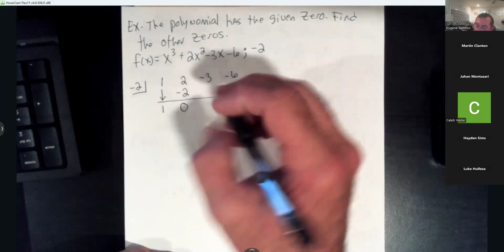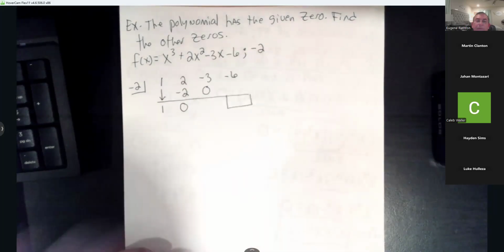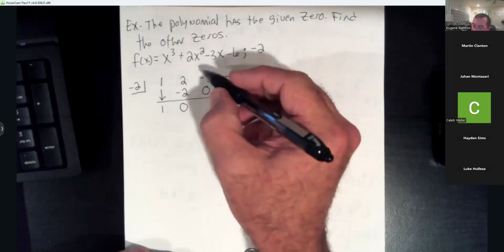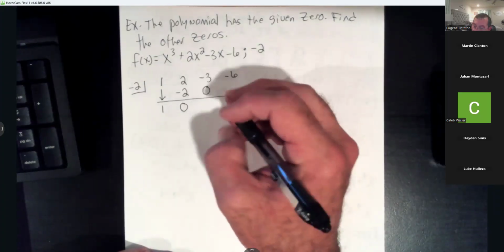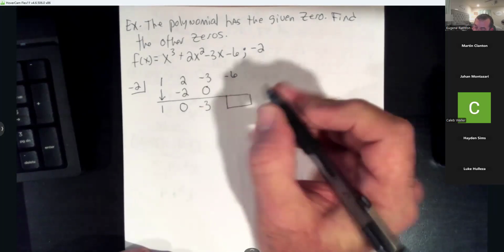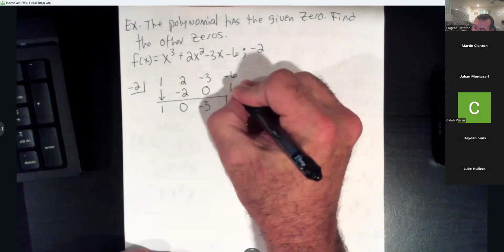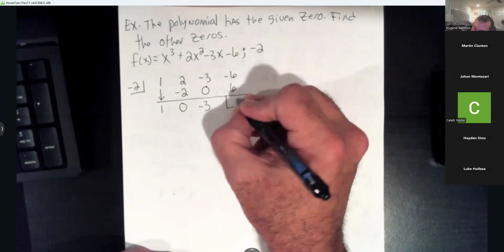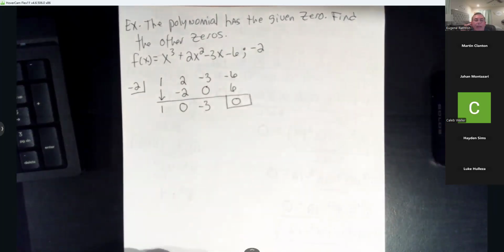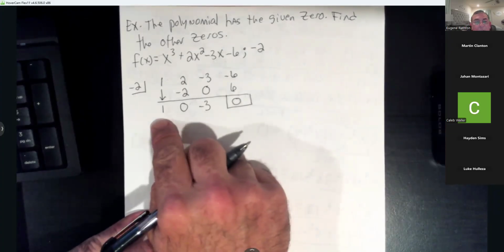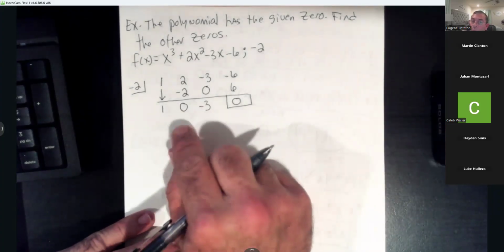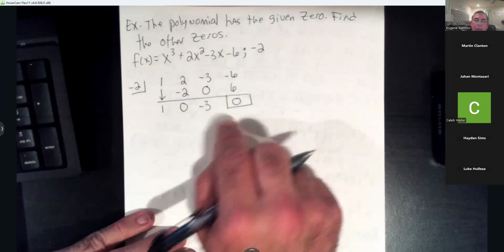0 times negative 2 is 0. Negative 3 plus 0 is negative 3. And then negative 3 times negative 2 is a positive 6. And right there, I get a 0 remainder. So these are the coefficients of the new polynomial we're going to check.